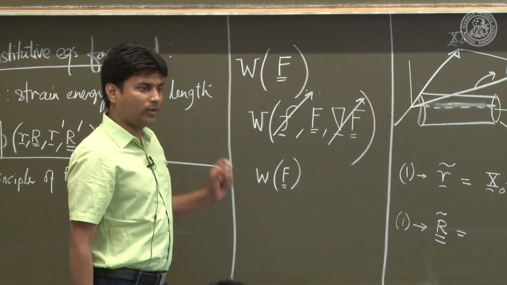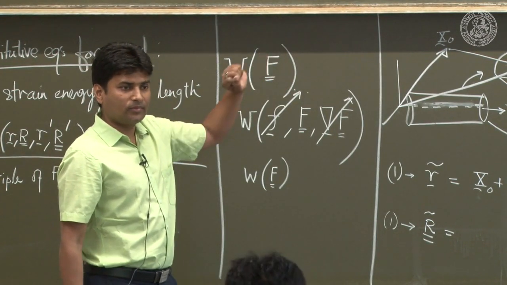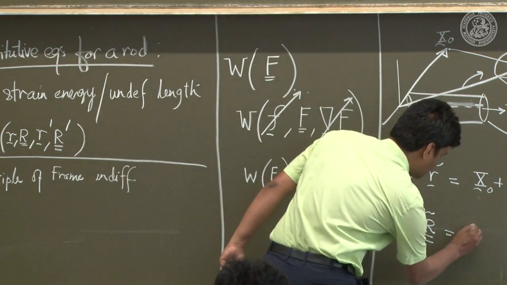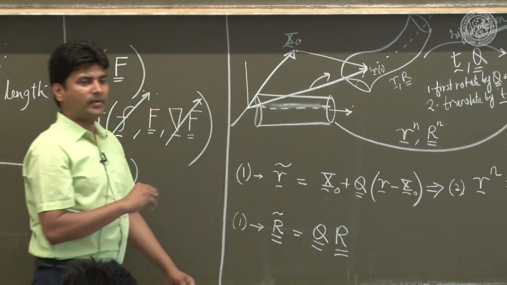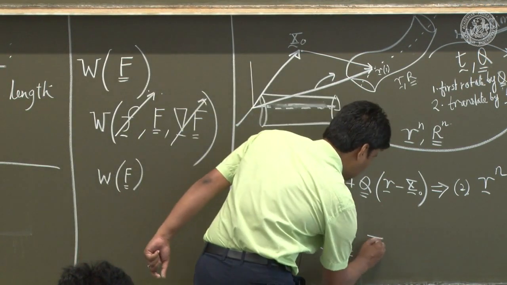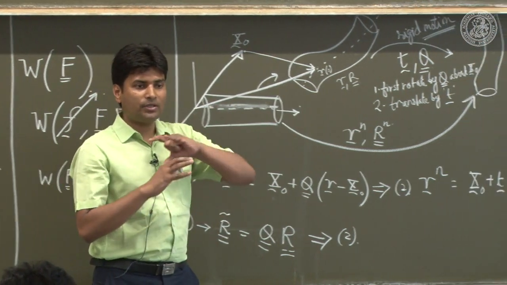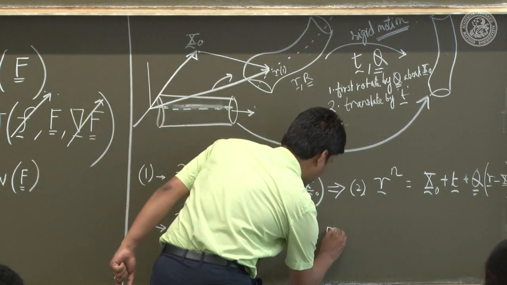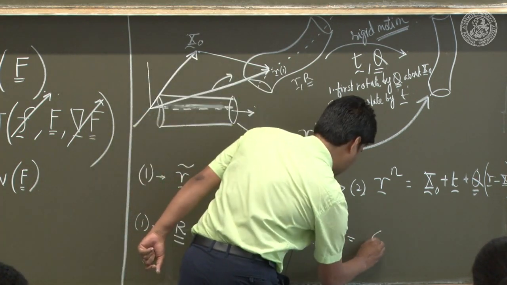There are two rotations here, one is by big R and then by Q. So, that is simply Q times R. So, that is in the first step. Then you do your second step, but the second step involves simply translation, there is no rotation. So, your R nu is same as R tilde, which is Q times R.